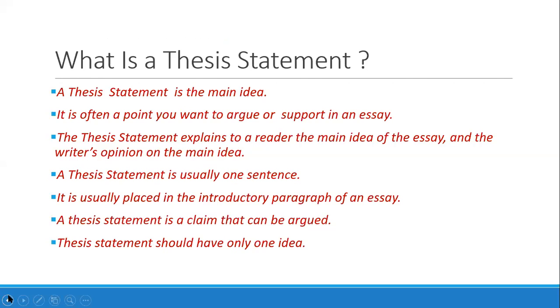For example, you have been given a topic to write on social media, or on corruption, or about your family. How can you write a good thesis statement? What are some things we need to keep in mind, and what should we avoid? We are going to discuss that in the next slide.